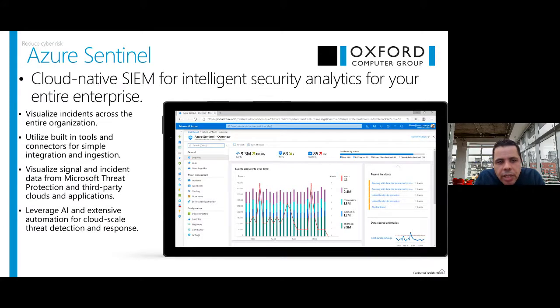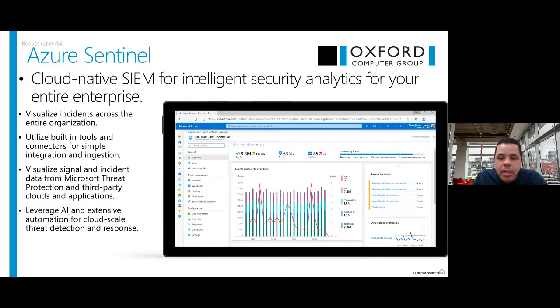Azure Sentinel is leveraging advanced artificial intelligence, or AI, to do this. So it gives SecOps teams the ability to be agile and it gives them the ability to identify, detect, and block attacks almost instantaneously.